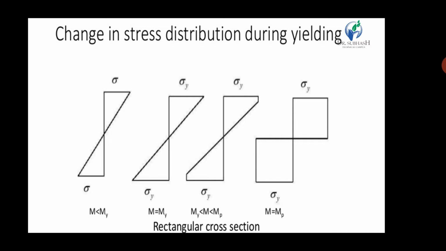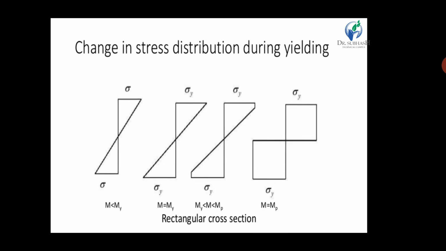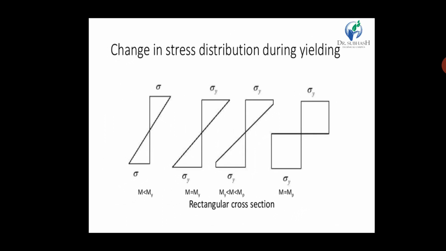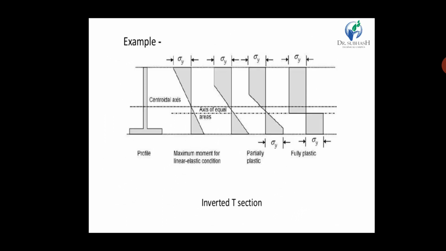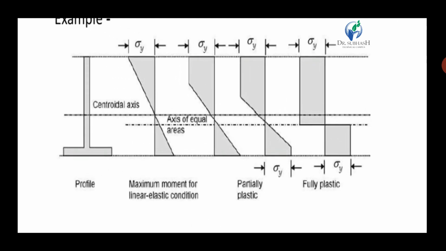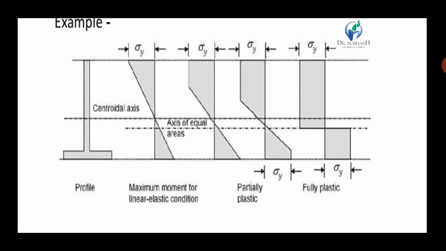Finally, when we reach the plastic moment, denoted by Mp, the tension σy and the compression σy stress blocks are equal in shape and pass through the plastic hinge. So these are the changes in stress distribution during yielding when we increase the bending moment. Now, inverted T shape: you can see one example of an inverted T shape, with its profile.